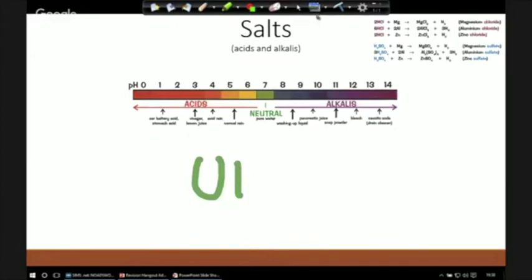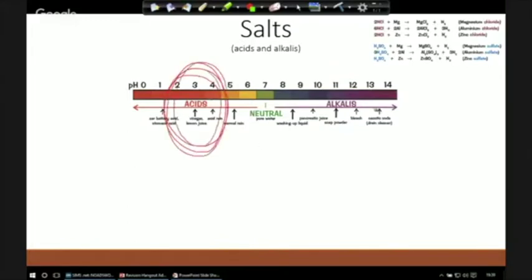Now, with this particular part, there are a few key things that you will need to remember. First of all, we need to know why are acids acids and why are alkalis alkalis.